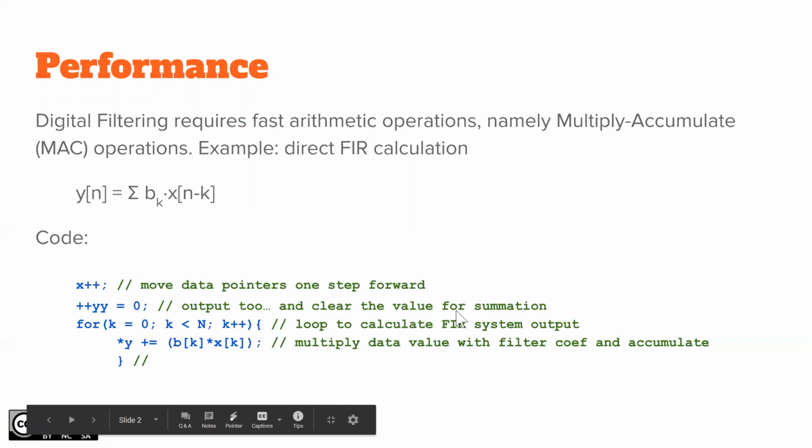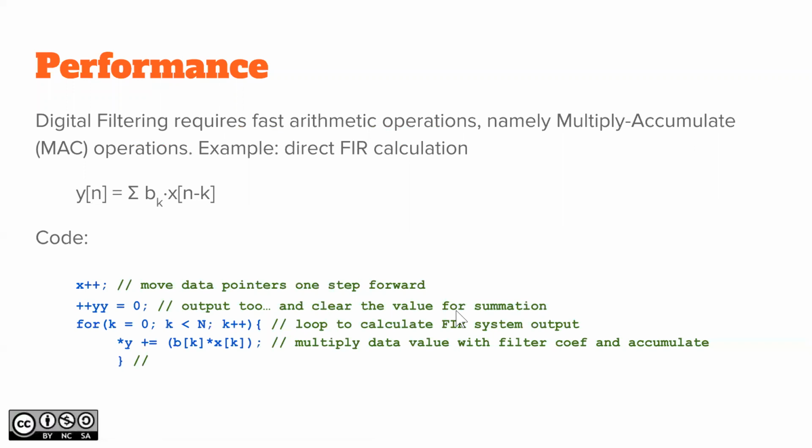it's all about performance. So basically the digital filtering requires fast arithmetic operations, namely multiply-accumulate operations. There's an example of finite impulse response system calculation, where you can just use this difference equation since you don't have the feedback unless you want to.